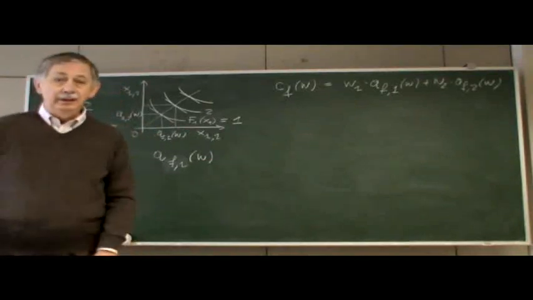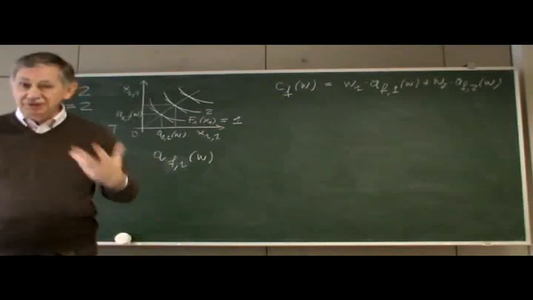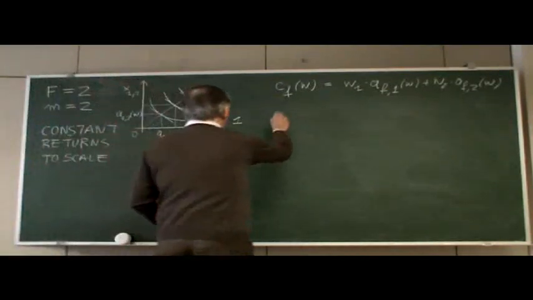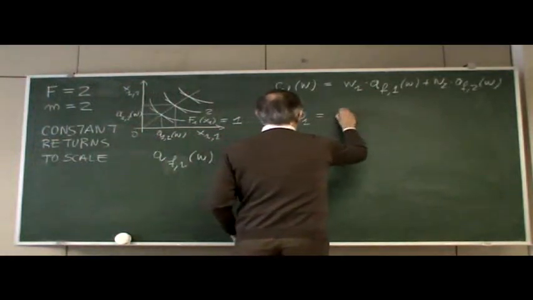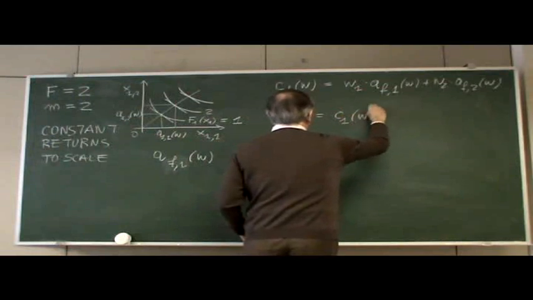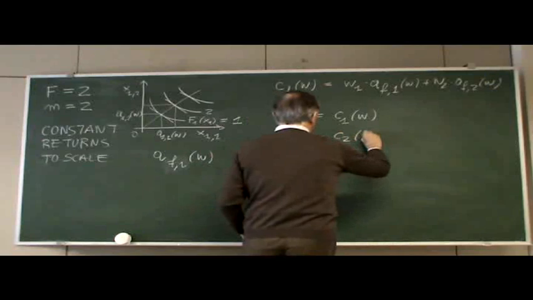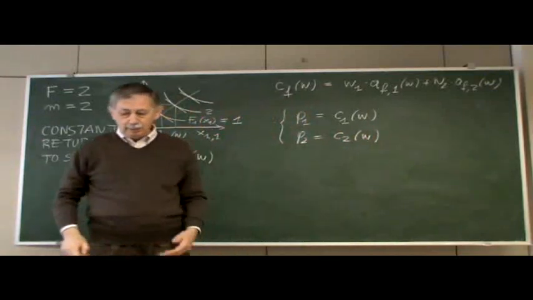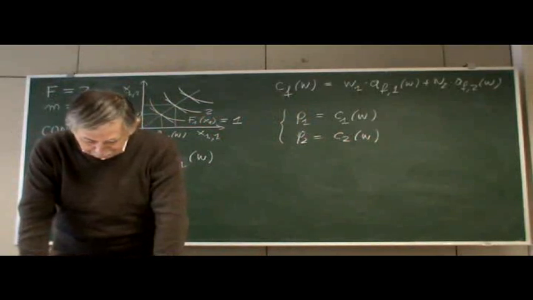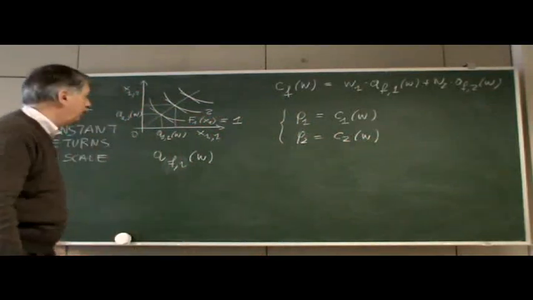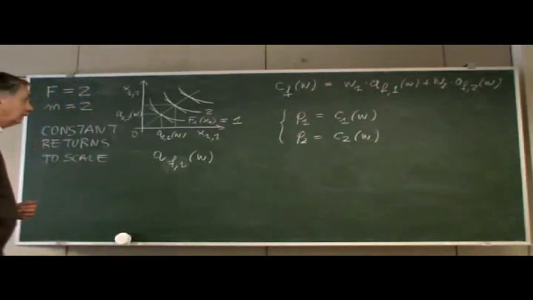Profit is null. If profit is maximizable, it must be equal to 0. So we have the following equations. P1 is equal to C1 of W, P2 is equal to C2 of W. Well-known conditions for profit maximization under constant returns to scale.